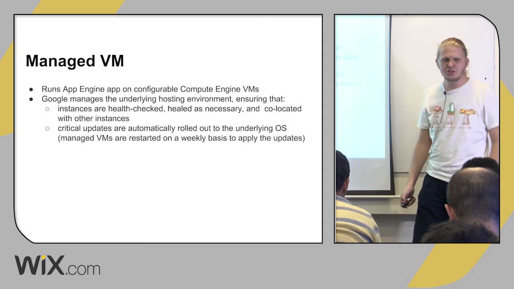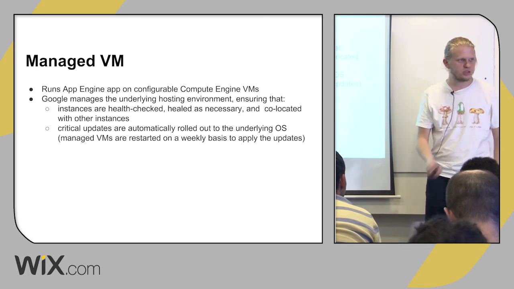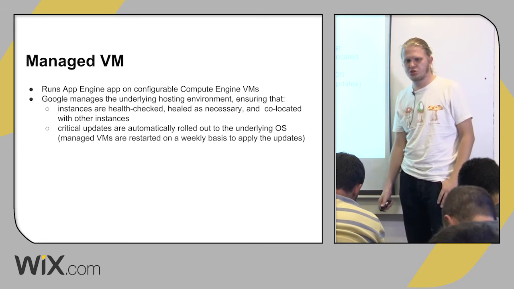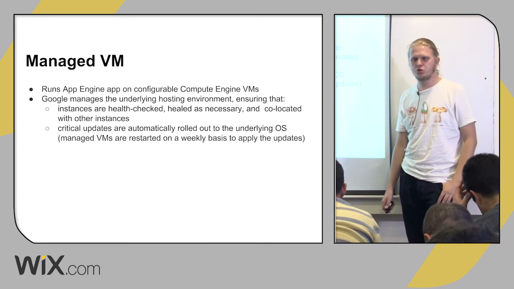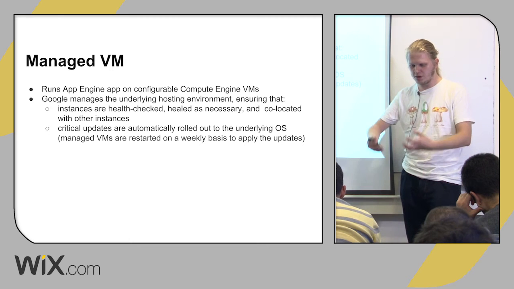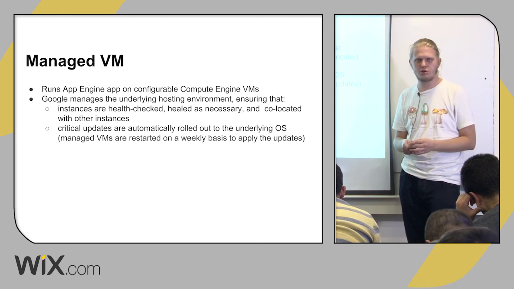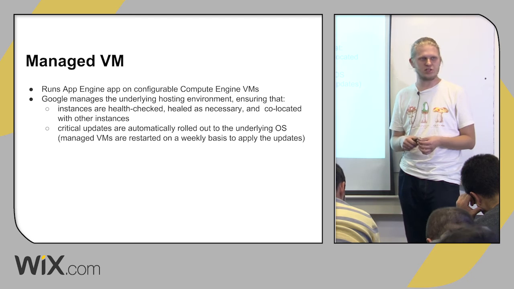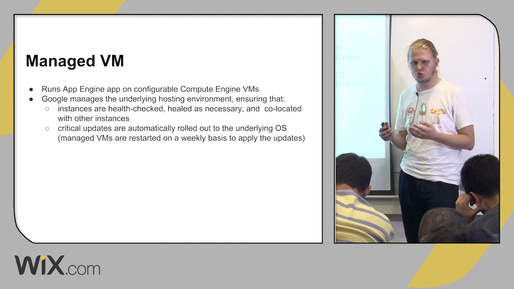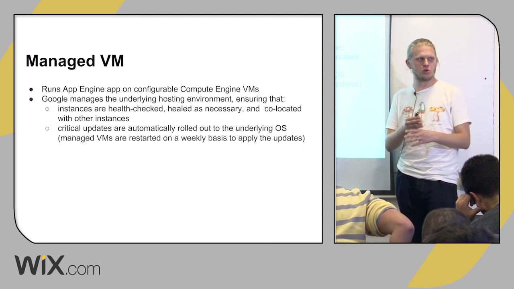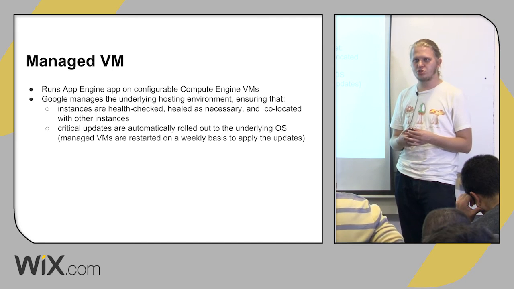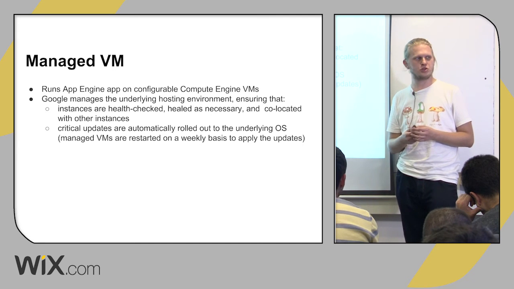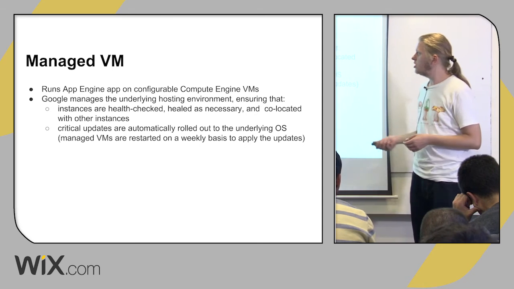Now, managed VMs. Managed VMs, as Evgeny already said, is the solution to having a custom backend for your App Engine application, because with original App Engine, you just give the code, you don't control anything. With managed VMs, you can get several levels of control of your application.